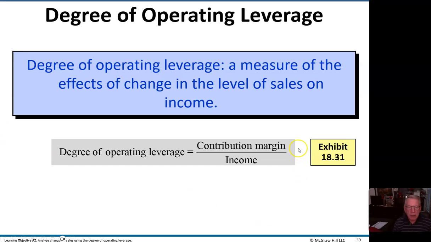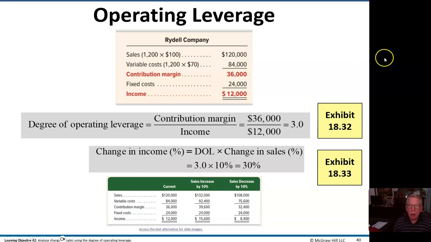So I take my contribution margin and I divide that by income to get the degree of operating leverage. Let's see how that works. Here is our Rydell company with its respective costs and income. And so we take our contribution margin here of $36,000 and divide that by $12,000 of income.